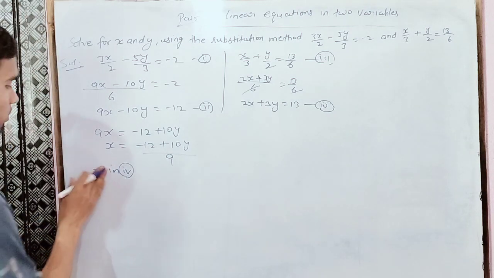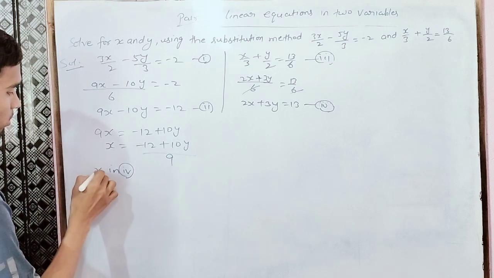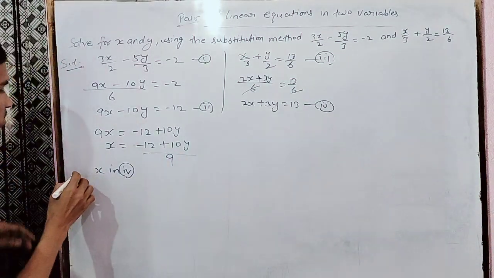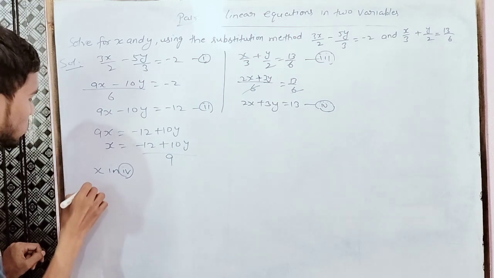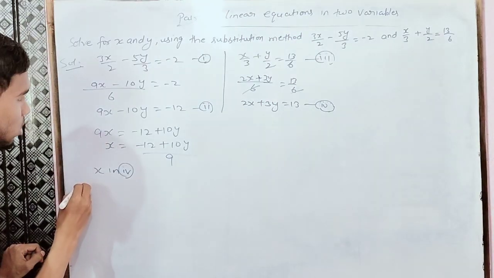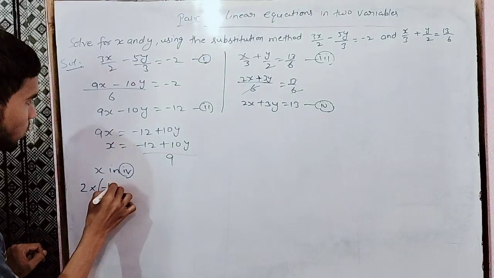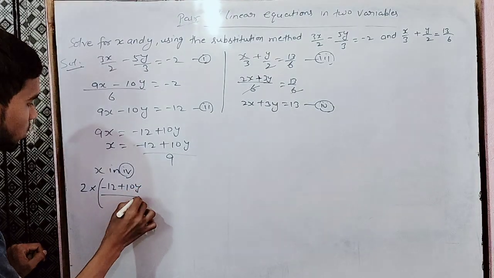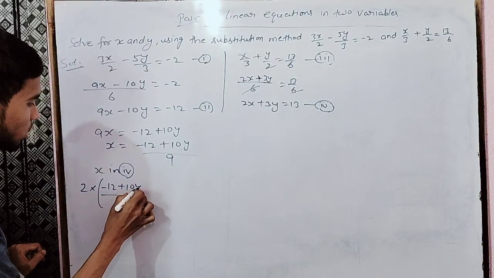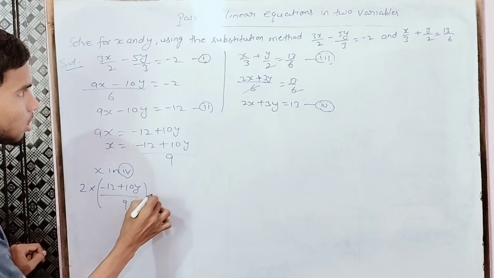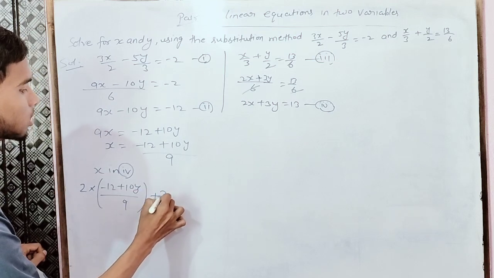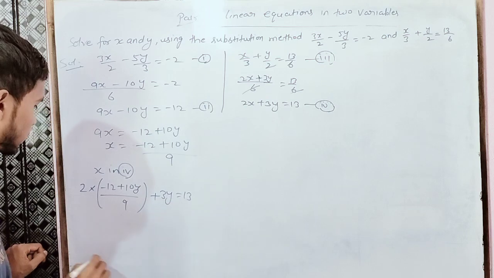Now x in equation 4. So 2 multiplied by minus 12 plus 10y upon 9, plus 3y is equal to 13.